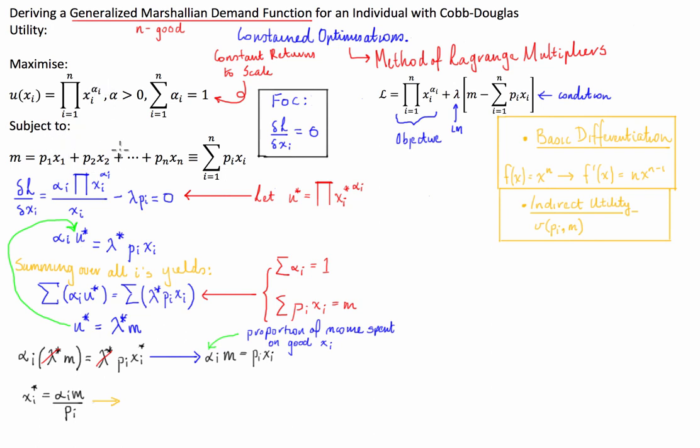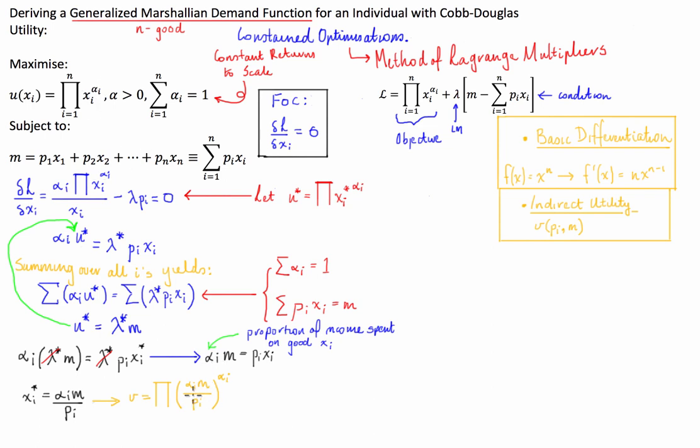So the person's indirect utility, which I've described up here as a function of prices and income, is going to be equal to, so we've got our indirect utility V is equal to the operator, capital letter pi, multiplied by, instead of xi, we're going to write alpha i m over pi. And then we put it to the power of alpha i, like it has in the utility function at the top there.